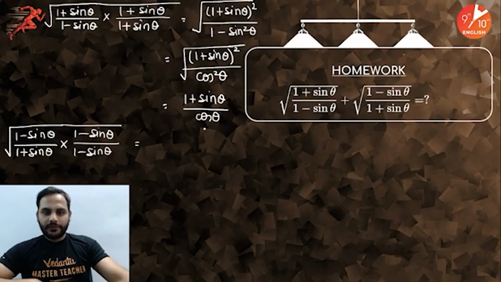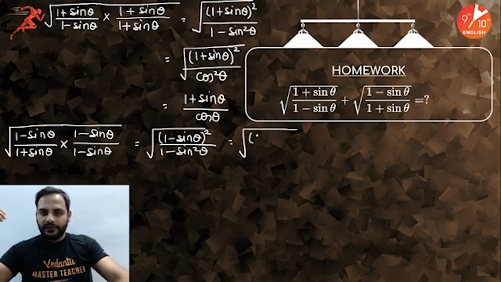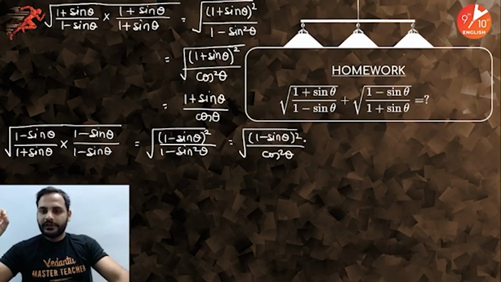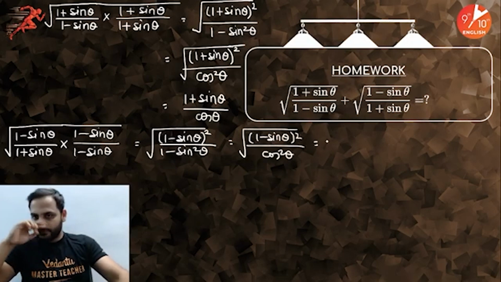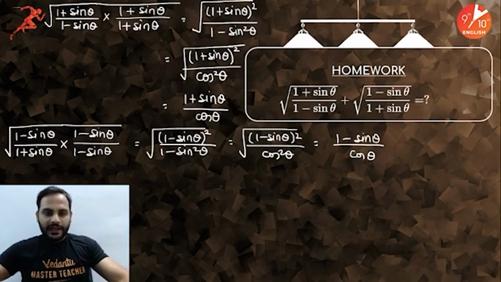So this will become square root of (1 minus sine theta) whole square, and again a plus b into a minus b is 1 minus sine square theta, which is cos square theta. If we get rid of the square root and the perfect square, it will be (1 minus sine theta) upon cos theta. Now we need to add these two.